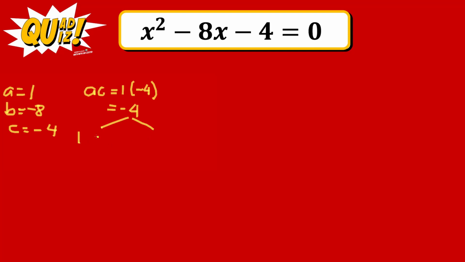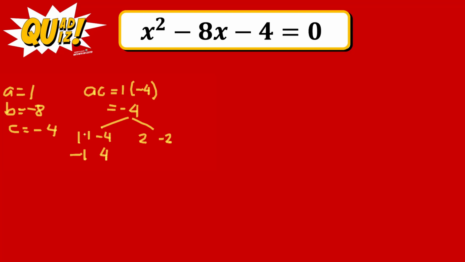We could have 1, negative 4. You could also have negative 1, positive 4. Then we have 2, negative 2, and negative 2, 2, which are just the same, so let me not write it again. So we have 3 pairs of coefficients that when multiplied will result to negative 4.